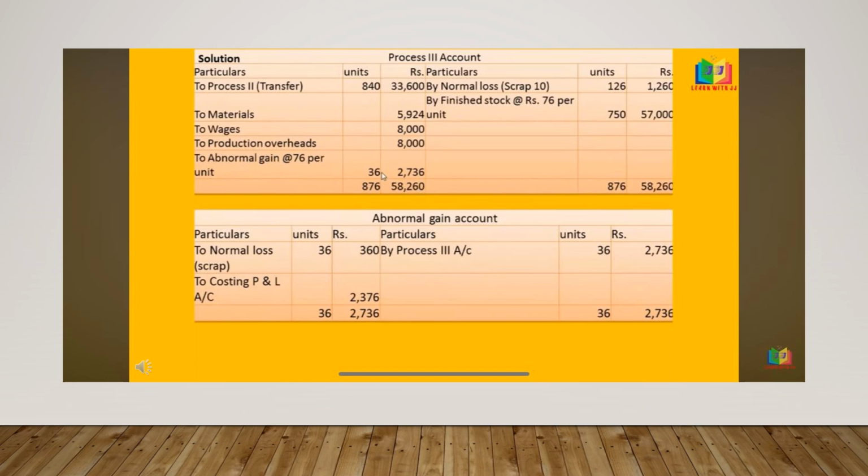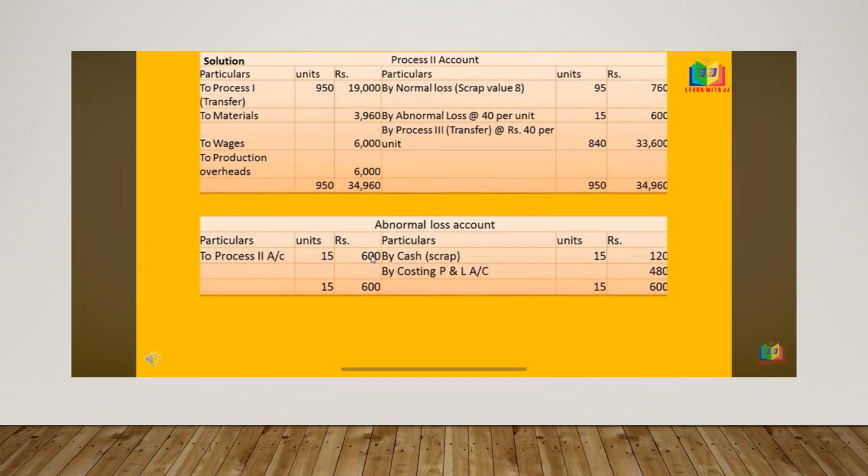Similar to abnormal gain account, now we open abnormal loss account. So again, from process 2 account, we transfer the abnormal loss, that is carry down. Here it is brought down. 15 units, 600 amount. And by cash, so in the previous account, that is abnormal gain account, we took it as by normal loss in order to balance out the gain.